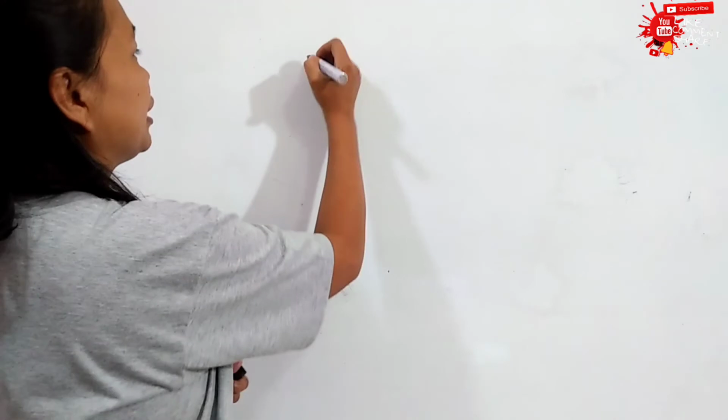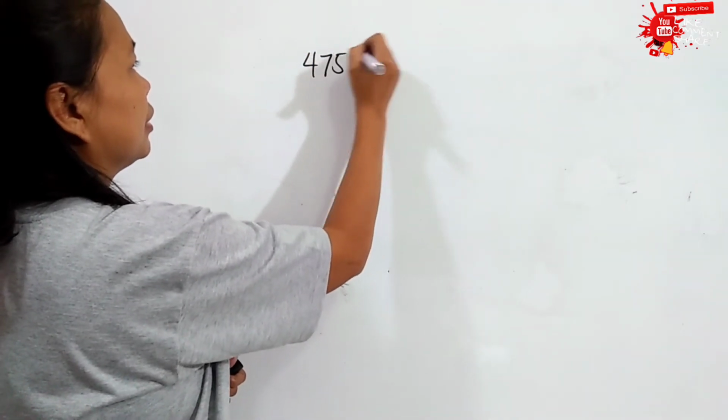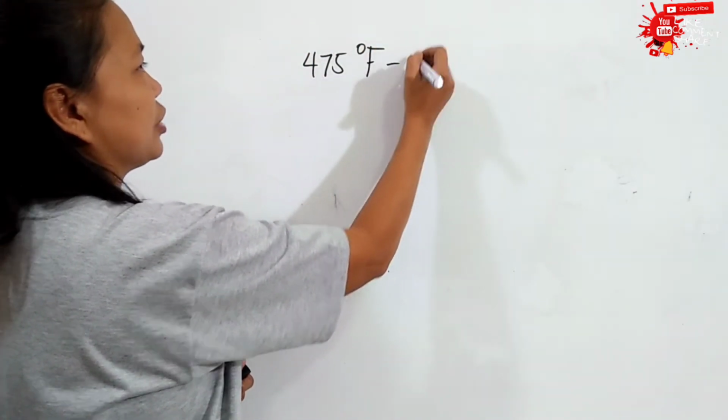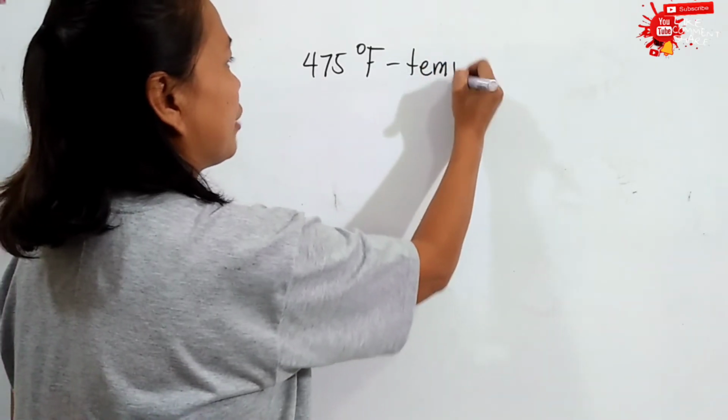Okay, let us solve problem number 2. Based on problem number 2, the oven setting for the temperature is 475 degrees Fahrenheit. So this is the temperature requirement.